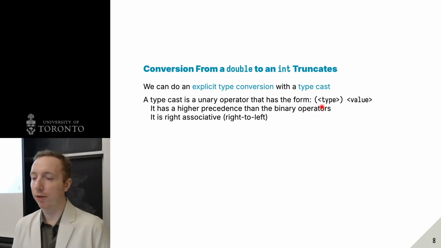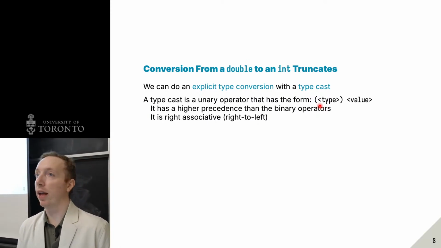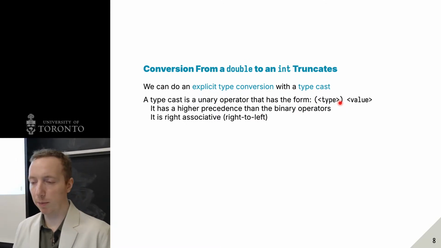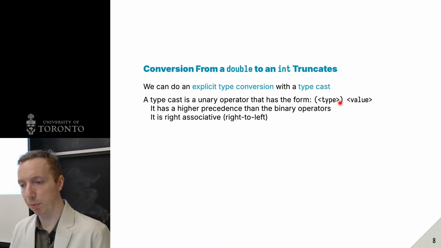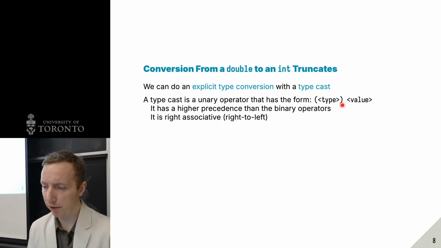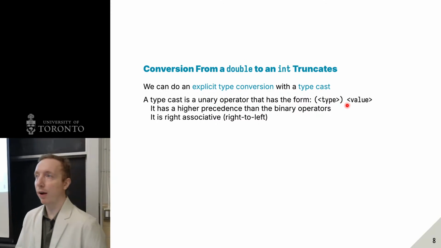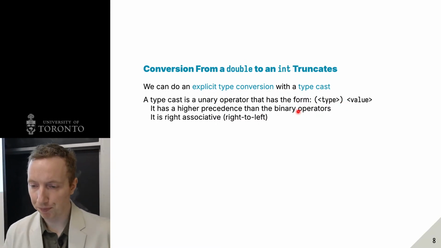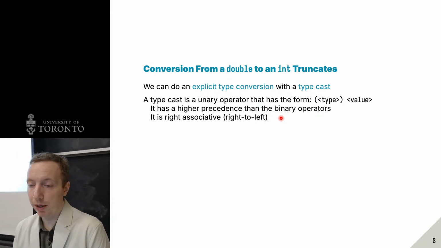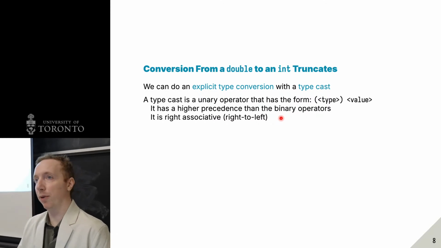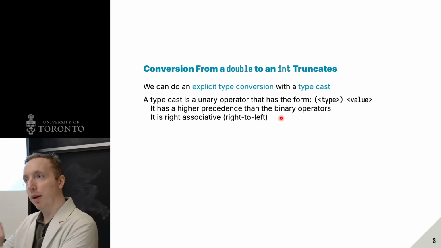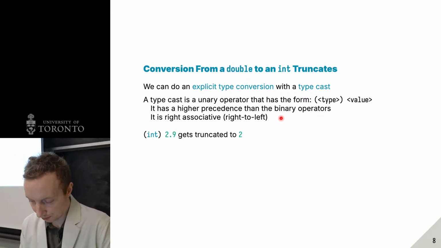This is the form it takes: parentheses and then the name of a type, so in our case an int or a double for the most part. We also know what a char is and a bool, but typically you don't use it for that. You can, but weird things might happen. And then the value we want to convert to that type. It has higher precedence than the binary operators, and it is right associative. So if we have multiple typecasts all in a row, it will do them from right to left order.